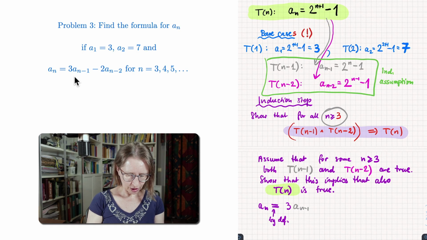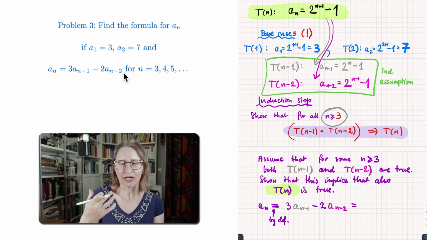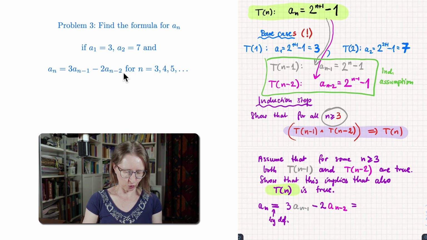And then we continue with minus 2 times a n minus 2. So now you see that I have expressed my a n with the help of this a n minus 1 and a n minus 2, for which I have assumed that the induction hypothesis is true.